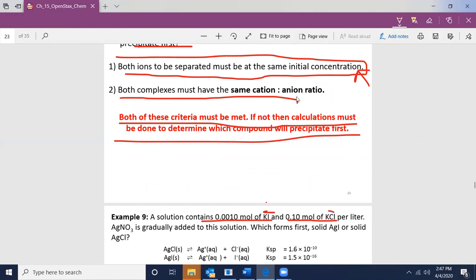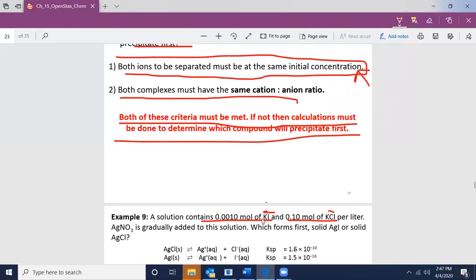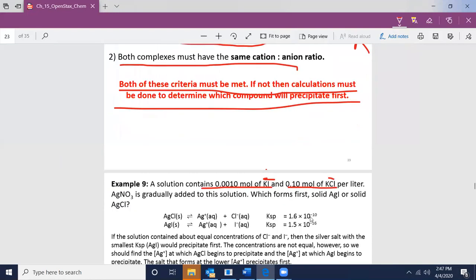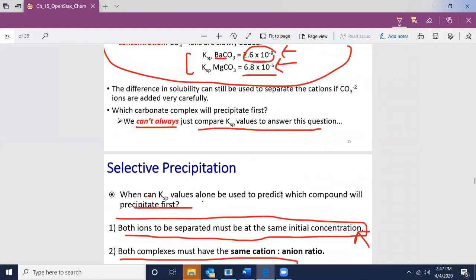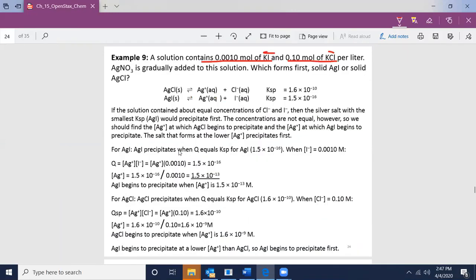What is not met is the concentration. This is 0.0010 mole concentration, and this is 0.10 mole concentration. That's why we cannot compare the two Ksp values for AgI and AgCl to predict which one is going to precipitate first for the selective precipitation.